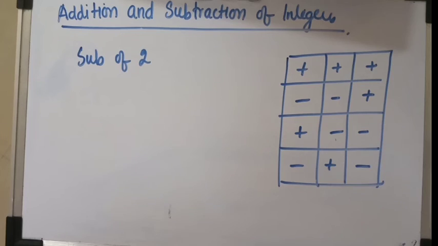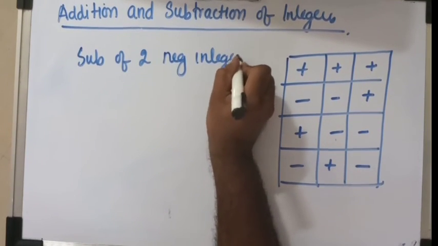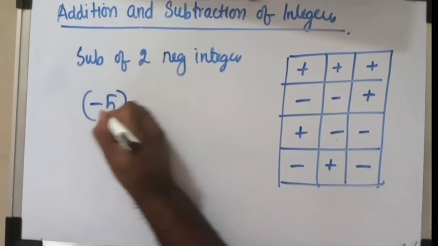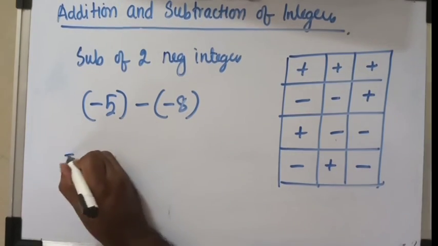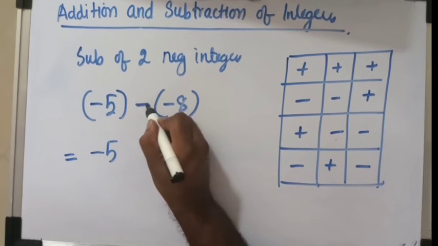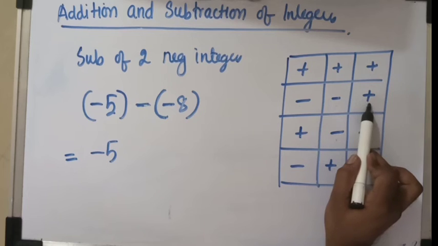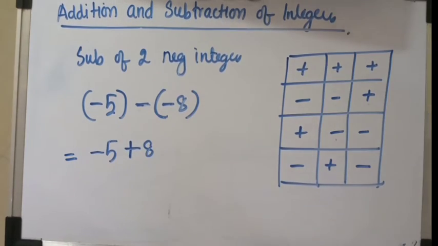Say I subtract two negative integers. Minus 5 is subtracted from minus 8. In this case, first I need to open the brackets. So minus 5, this is minus into minus. What is minus minus? It gives you plus. So minus into minus will be plus 8.